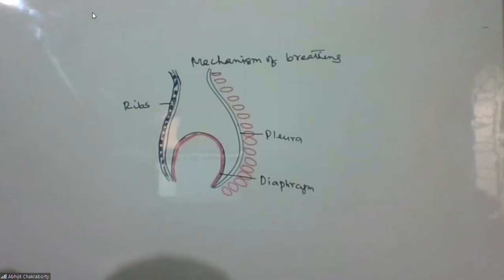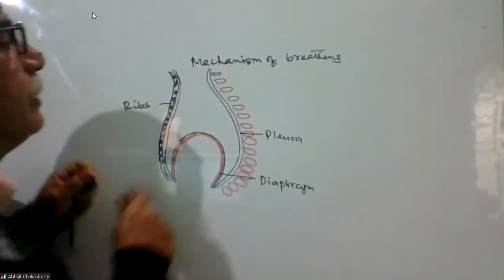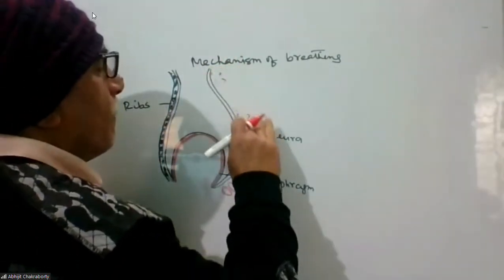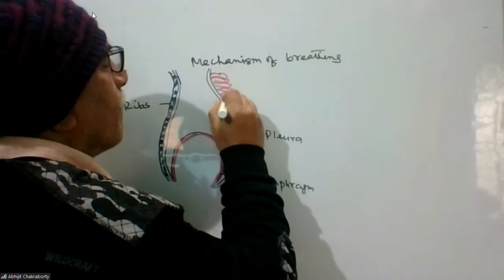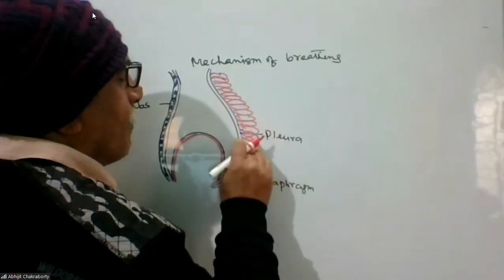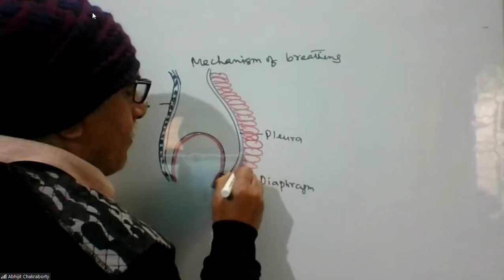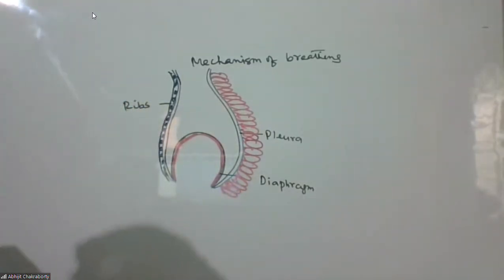And on this side you will get the vertebra. They have to be in close association.